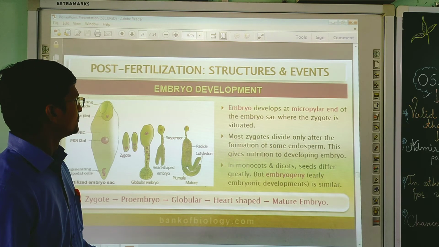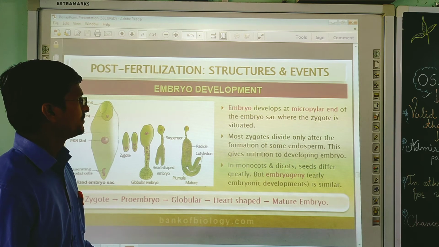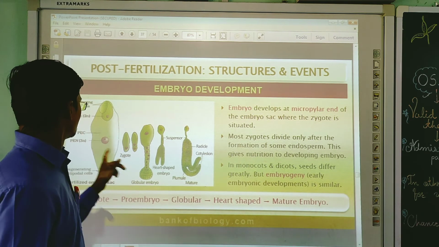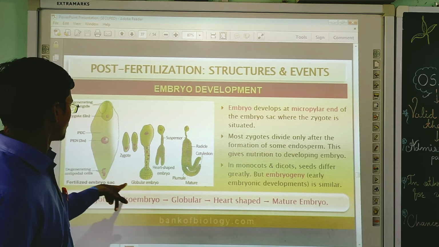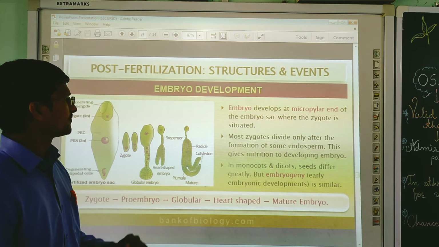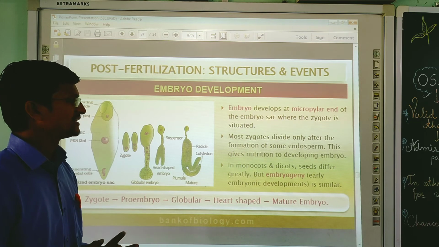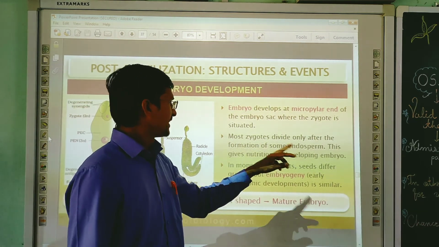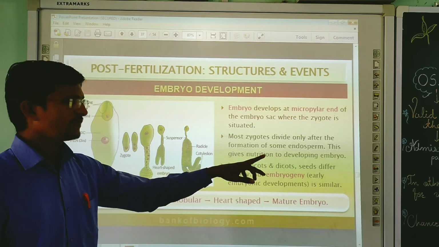Now embryo development. The embryo develops at the micropylar end of the embryo sac. Most zygotes divide only after the formation of some endosperm, and this gives nutrition to the developing embryo.